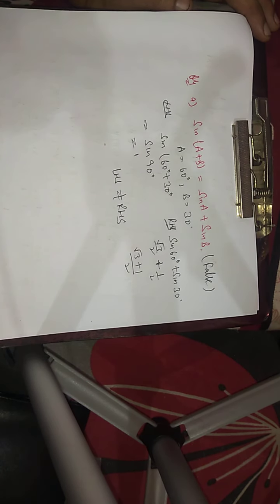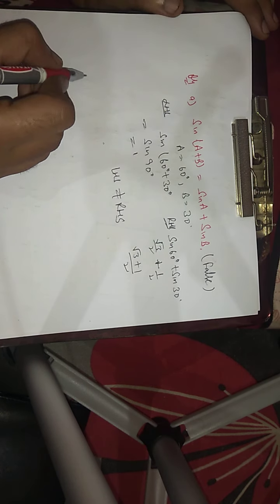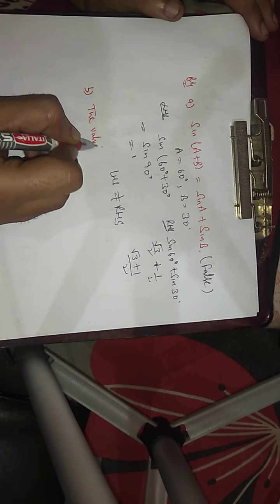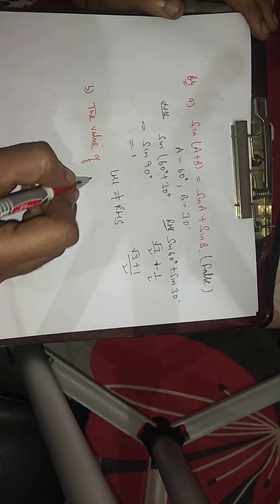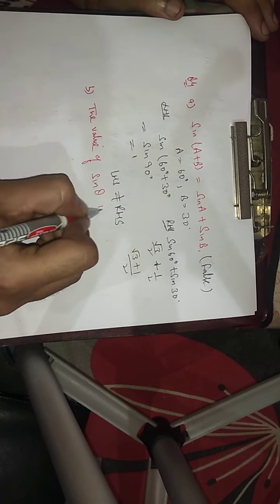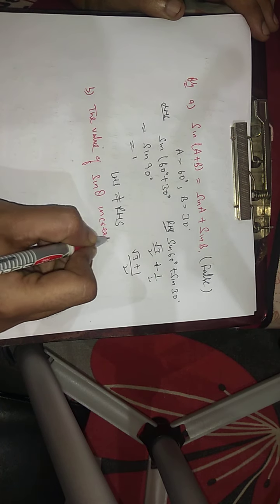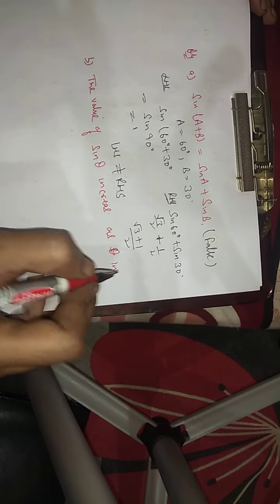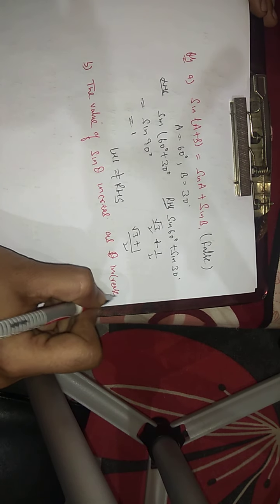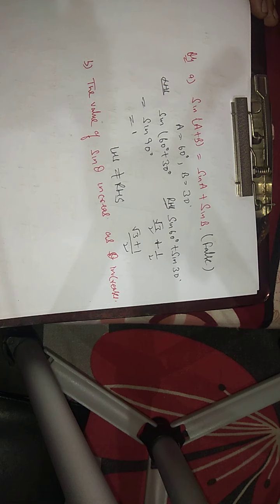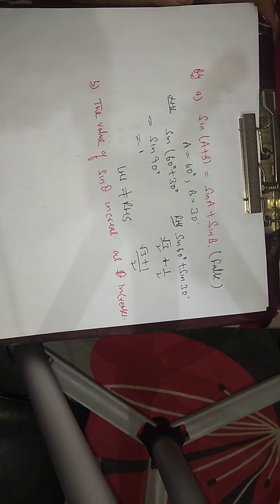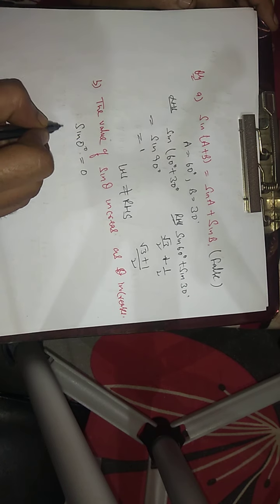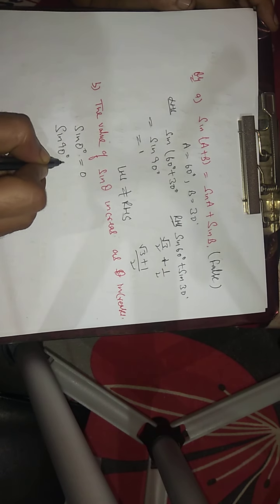Now let's move to part number 2. The value of sin theta increases as theta increases. So as we know, sin 0 is 0, sin 90 is 1.